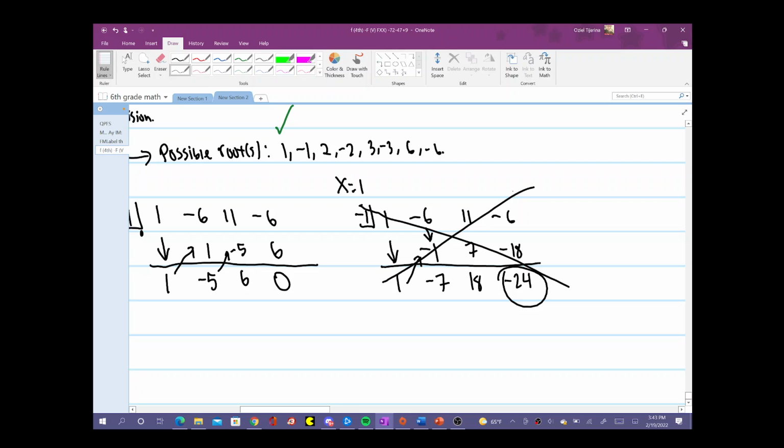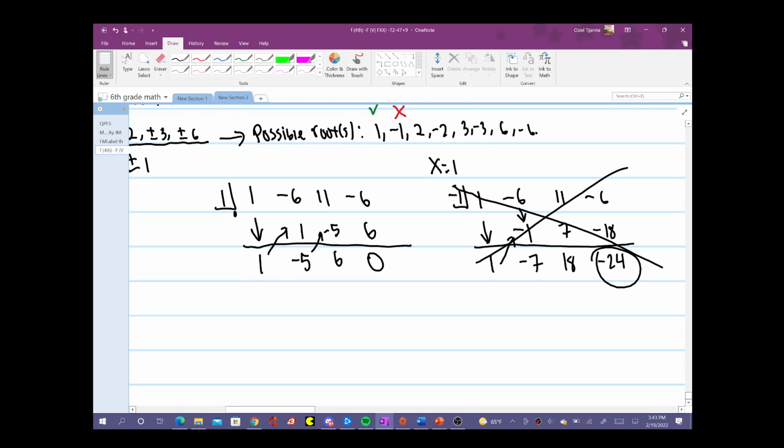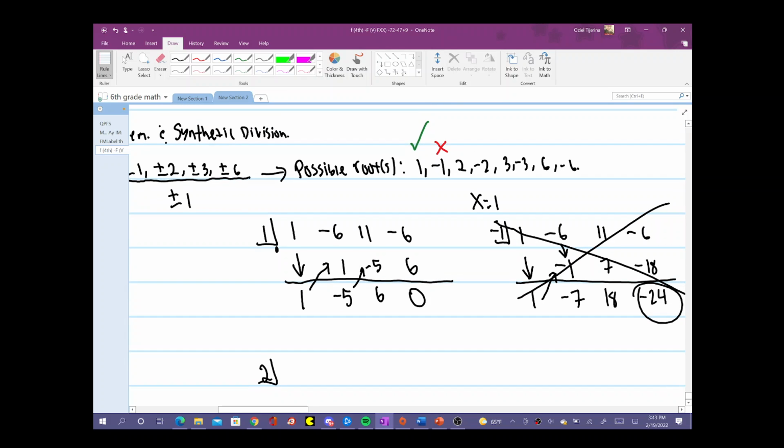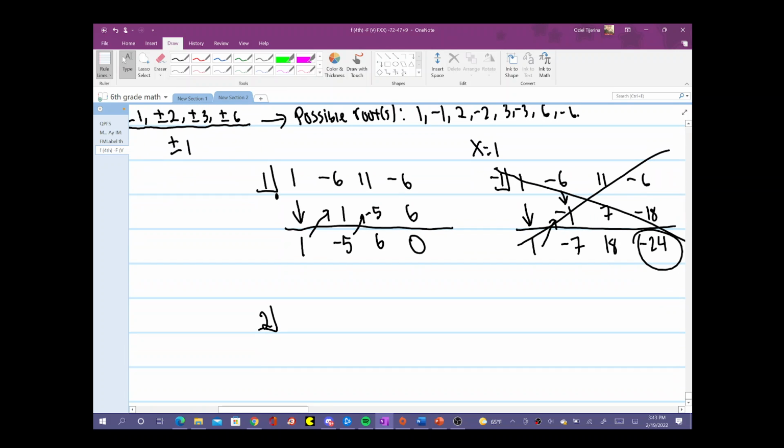Now we keep going with x equals 2. So far we have one solution and need 2 more. Coefficients 1, negative 6, 11, negative 6. Move the 1 down. 1 times 2 is 2.